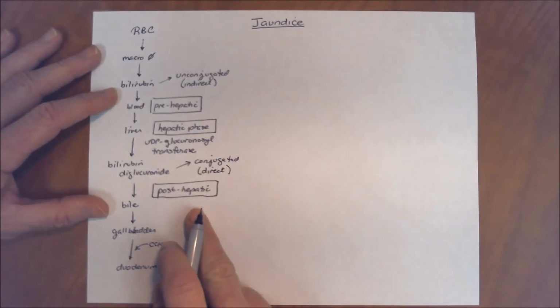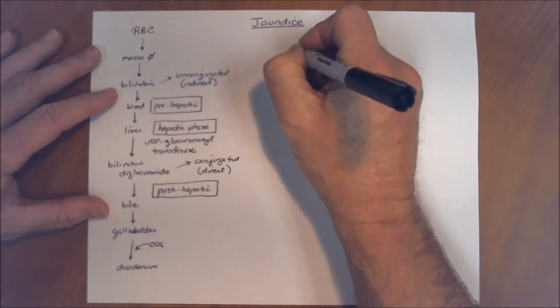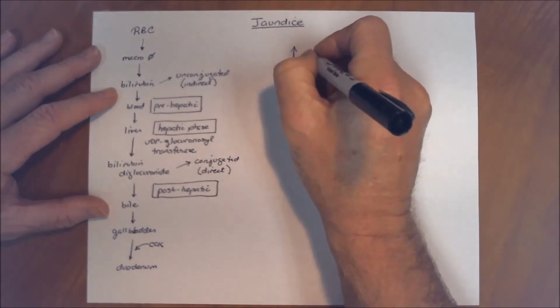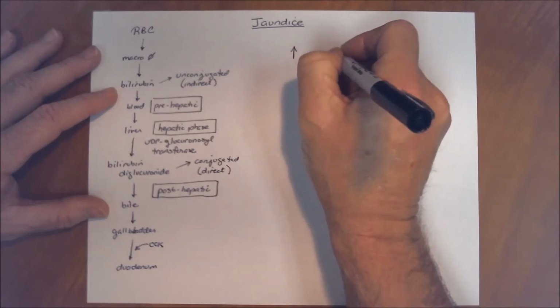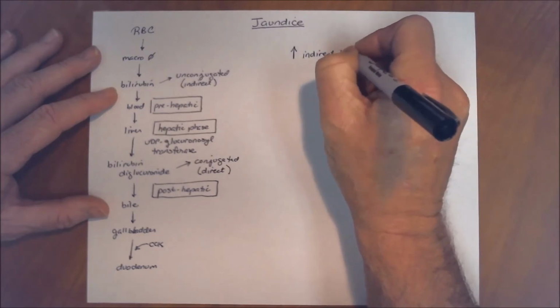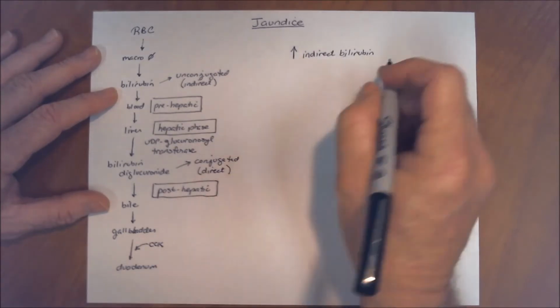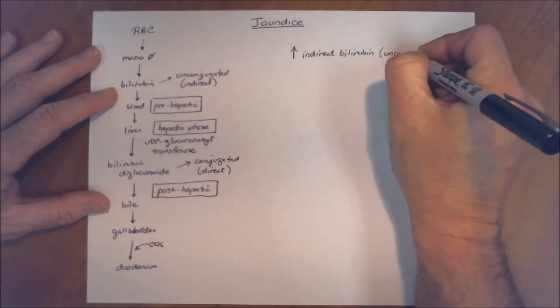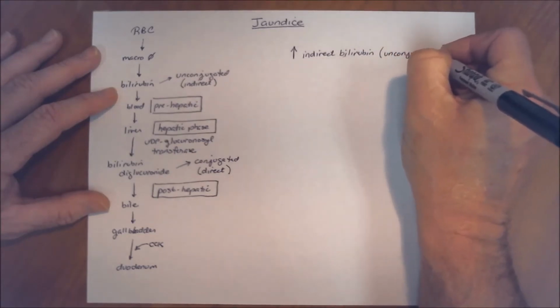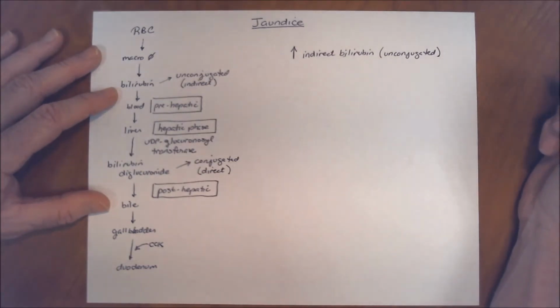So now let's consider the levels of bilirubin. If upon lab tests of plasma we see an increase in indirect bilirubin, so that the majority of the free bilirubin that is measured in the plasma is found to be indirect or unconjugated, there are a couple of causes for this lab result.